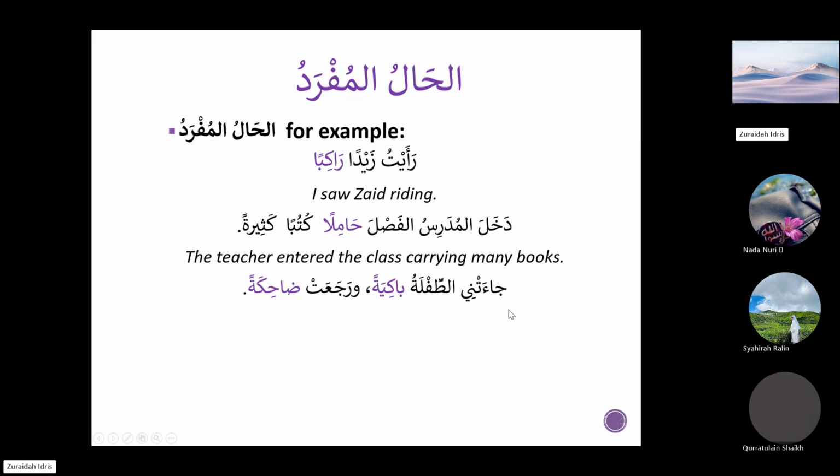Then we also have this sentence. Sister Nada, could you read this sentence and try and translate it?